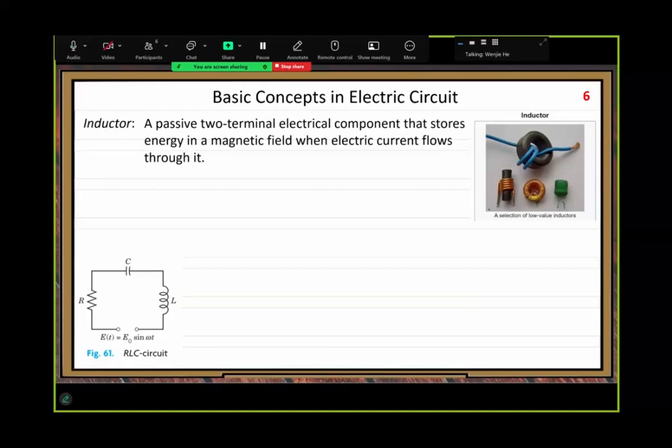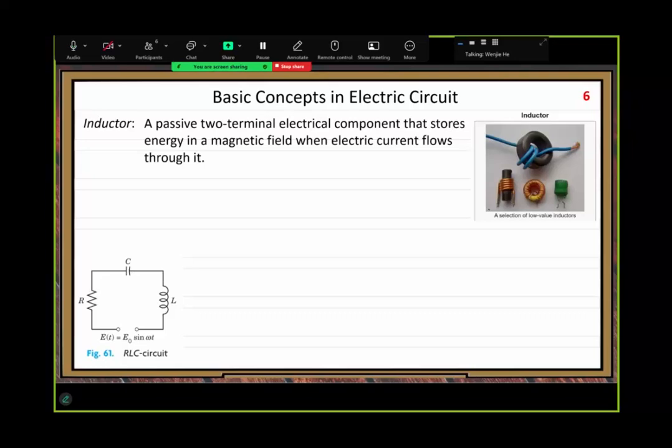It does not generate electric energy. It consumes electric energy. So it's passive, and it stores energy in the magnetic field. Magnetic field, think about it.